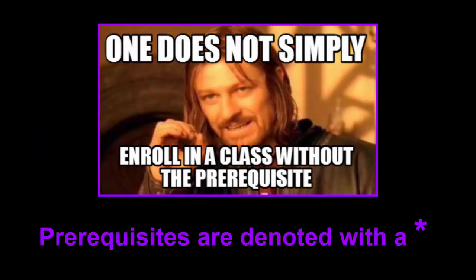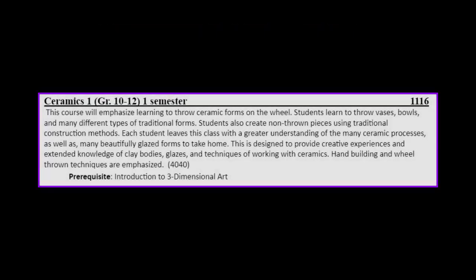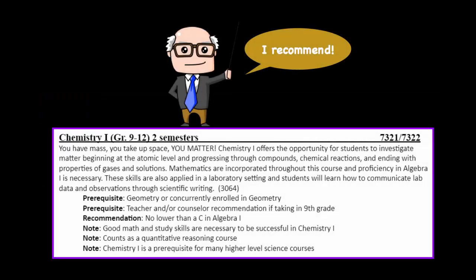Prerequisites. They are shown with an asterisk. This means there are classes or requirements that you must have already completed before you take a higher class. For example, to take Ceramics 1, you must have already taken Intro to 3D Art. Recommendation. These are suggestions that can support you in choosing your appropriate course.